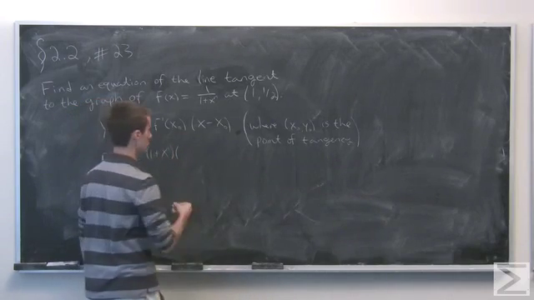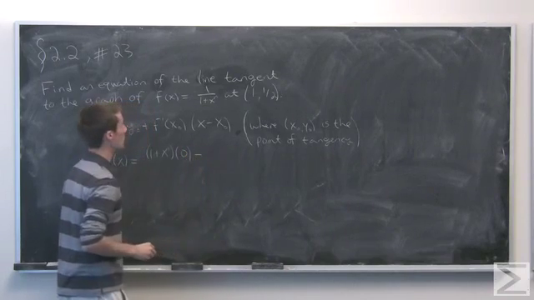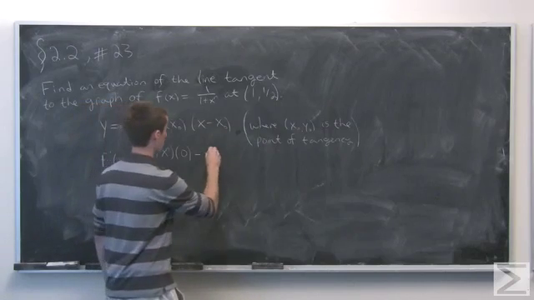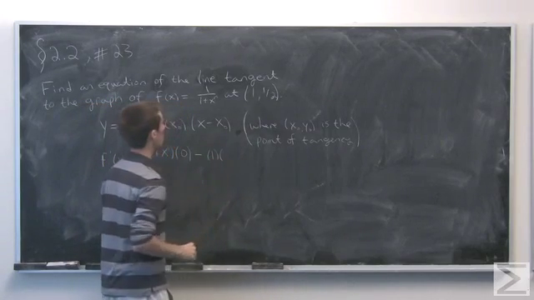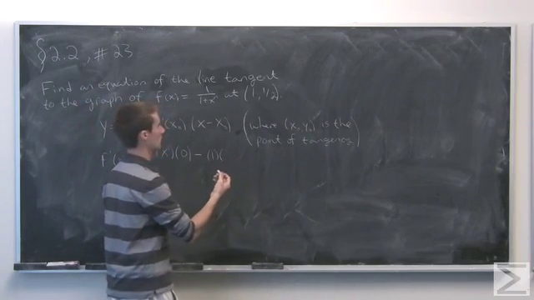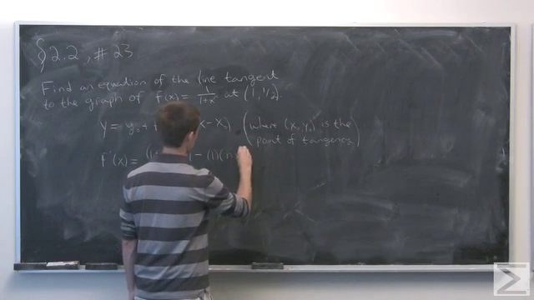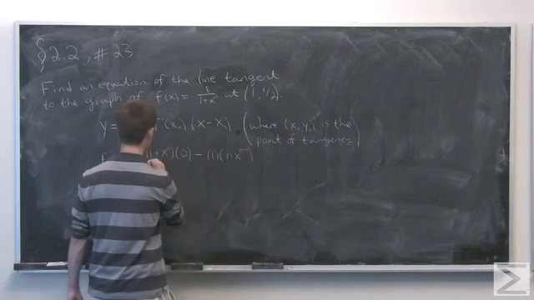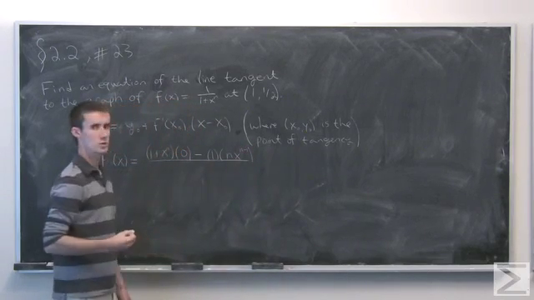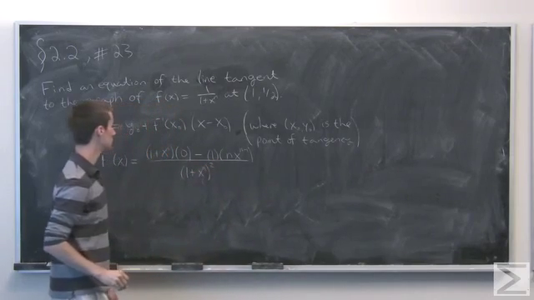times the derivative of the numerator, which the derivative of 1 is just 0, minus the numerator, so 1, times the derivative of the denominator, which using the power rule and linearity we see is just n times x to the n minus 1. And all of that is over 1 plus x to the n quantity squared.